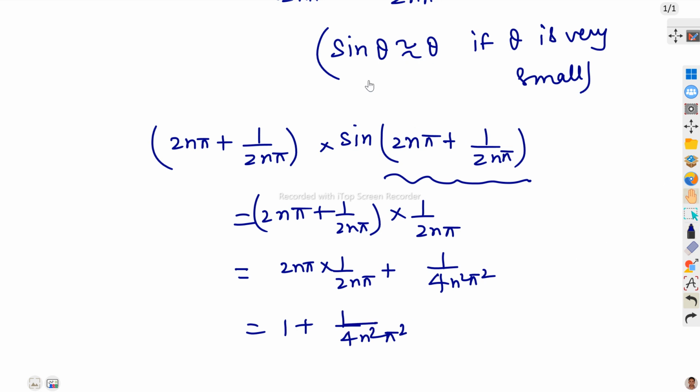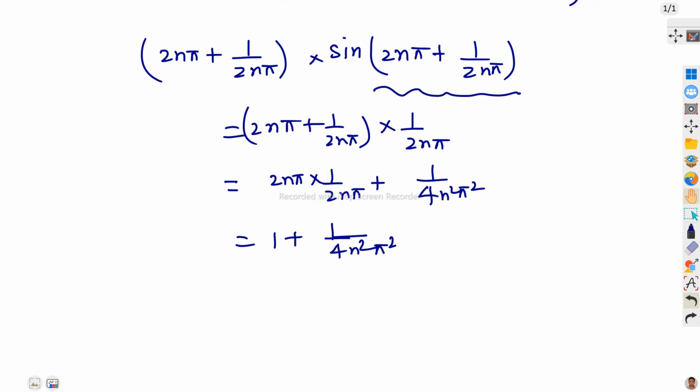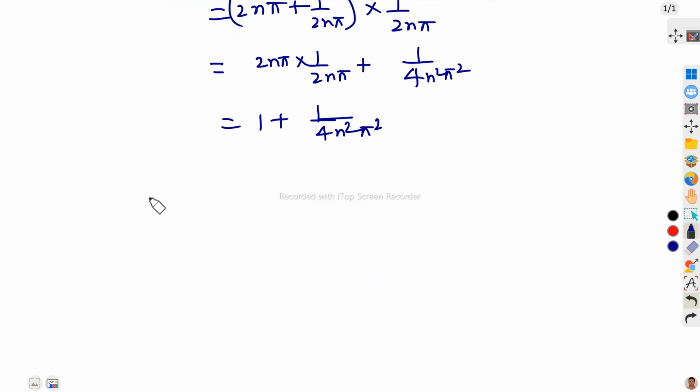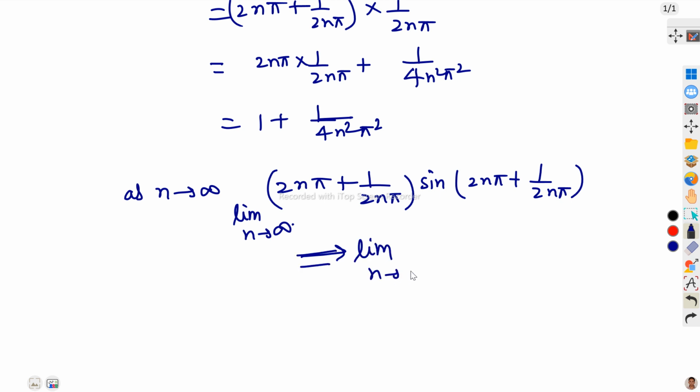So this quantity, as n tends to infinity, (2nπ plus 1 upon 2nπ) into sine of 1 upon 2nπ tends to the limit as n tends to infinity of 1 plus 1 upon 4n squared π squared.